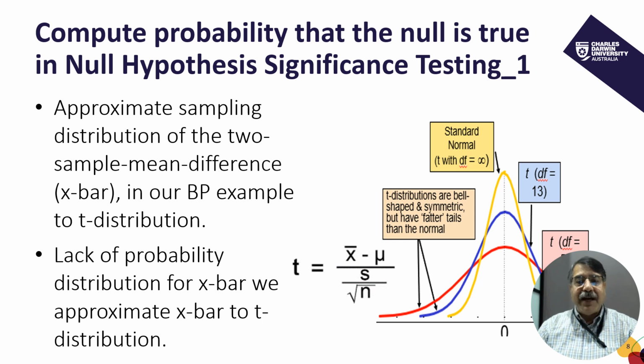It's a busy diagram in here. On the right side, there's an illustration. Why we are showing these things is that we are now computing the probability that the null hypothesis is true in our null hypothesis significance testing.